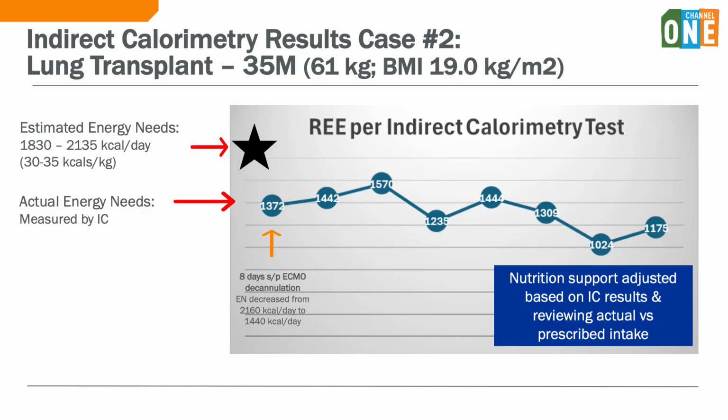With the next 3 indirect calorimetry results that you see on the graph, the tube feed rates were adjusted based on reviewing the patient's actual enteral nutrition intake versus the prescribed enteral nutrition intake.